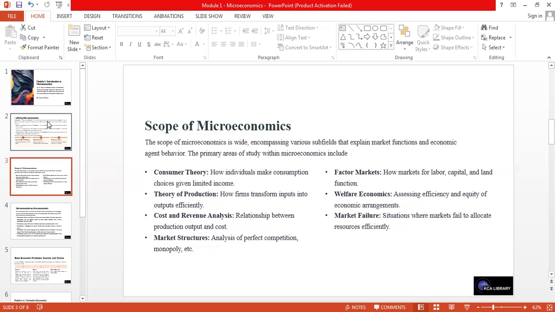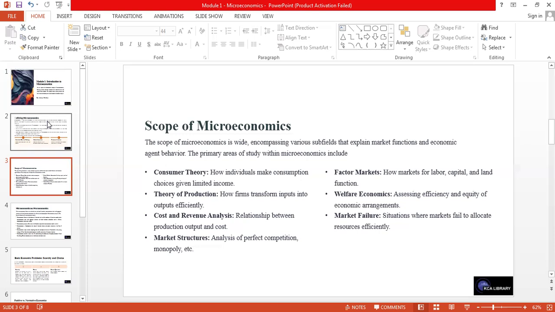We have the market structures, which deal with the analysis of perfect competition, monopoly, and others. We also have the factor markets, which deal with how markets for labor, capital, and land function.